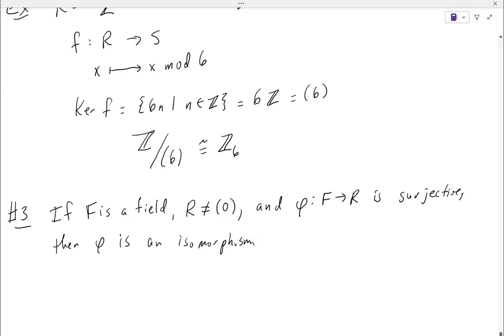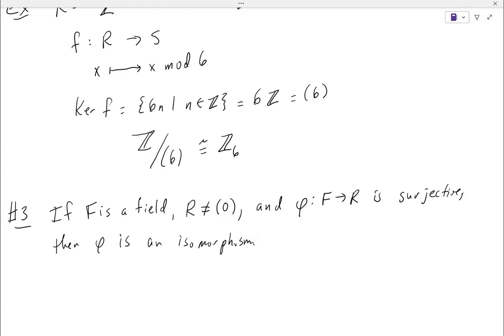Assume that I'm talking about homomorphisms and not just a function. So I've got a field mapping onto a non-trivial ring. That's what surjective means, right? It's onto. So I'm not just mapping everything down to, say, 0.